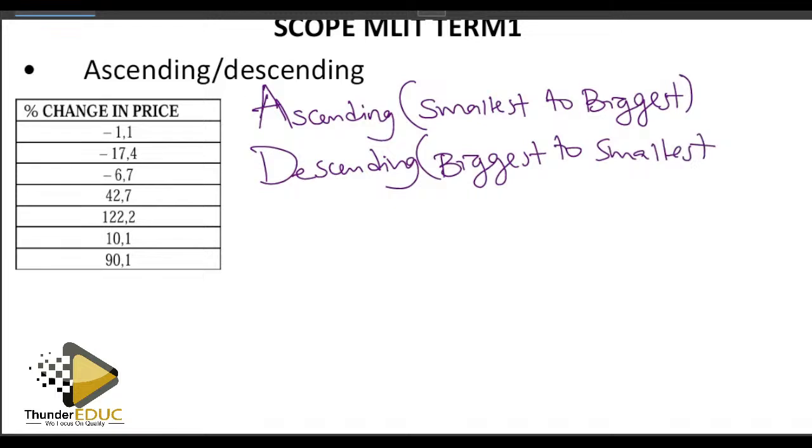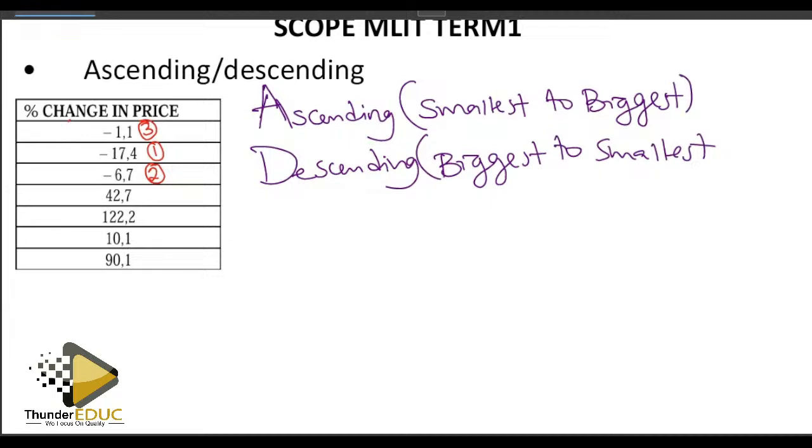Okay, now here comes a confusion. I've given you this part here, and let's try to arrange this in ascending order, whereby we start with the smallest value. Here, the smallest value is negative 17, followed by negative 6, followed by negative 1. So negative 1 is bigger than negative 6, and negative 6 is greater than negative 17. You understand?